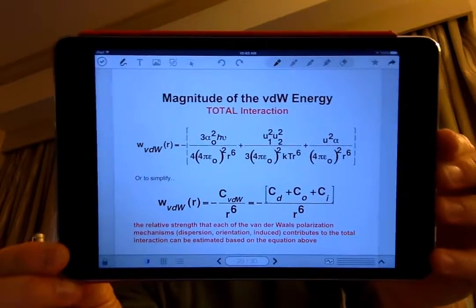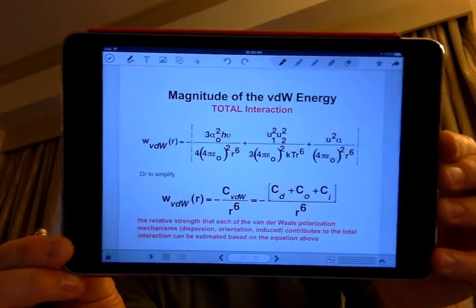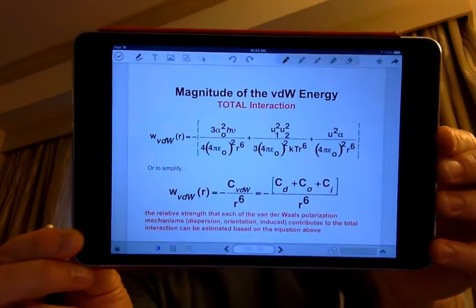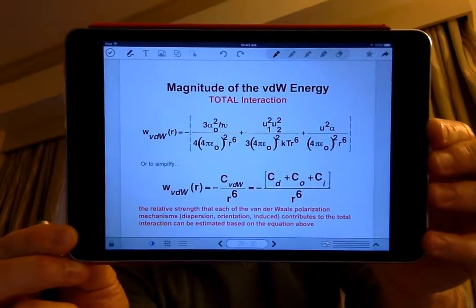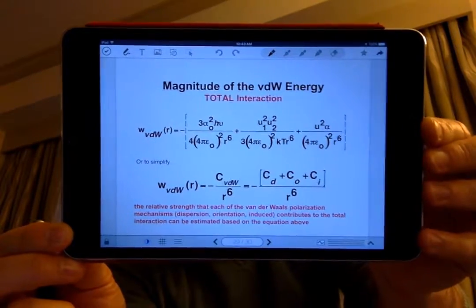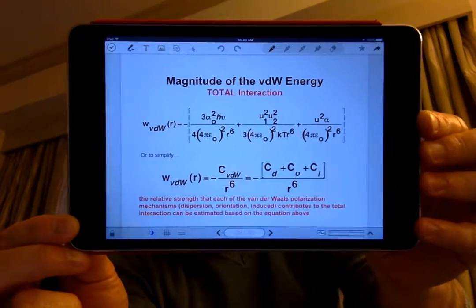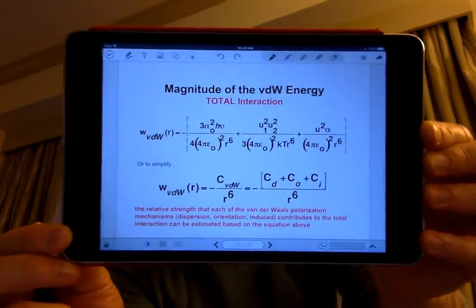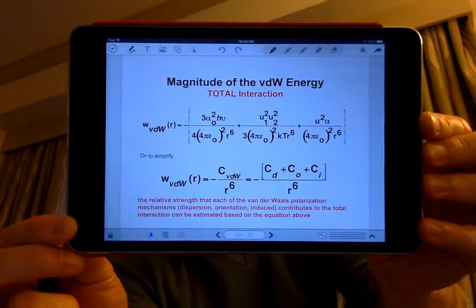And so to calculate the total van der Waals interaction energy we can just sum them up. You can look at this slide and we can sum up the dispersion, orientation, and induced interactions. I can write this down on the board for you, but I think you're smart enough to sum up the different numerators and collect them under the same denominator, because they all had 1 over r to the 6th.